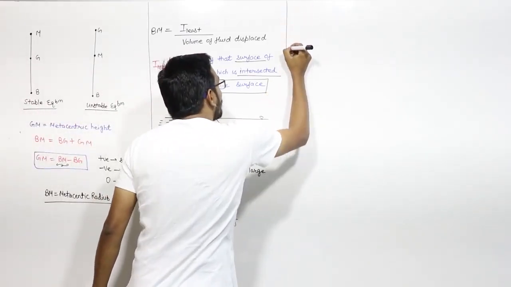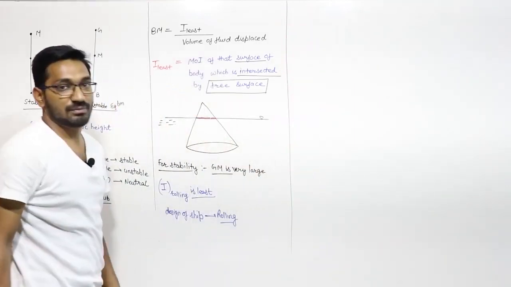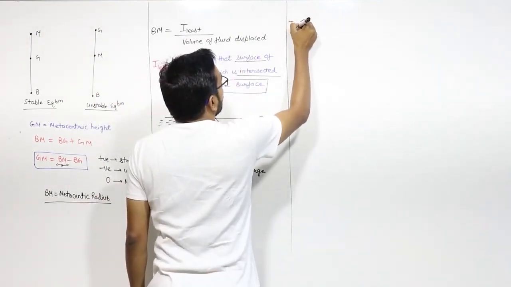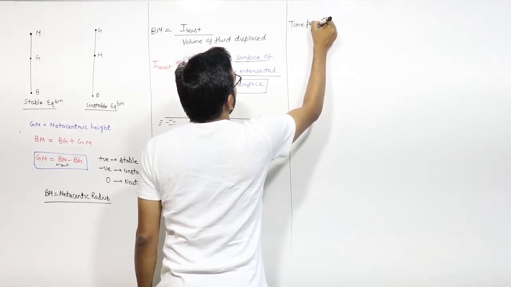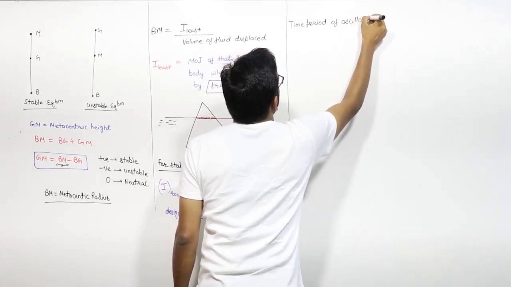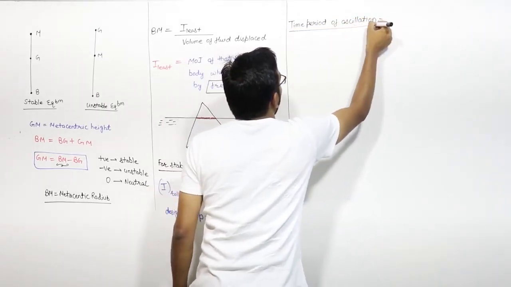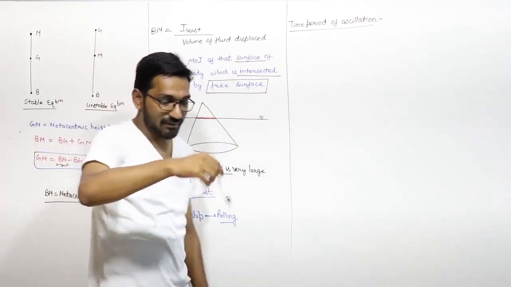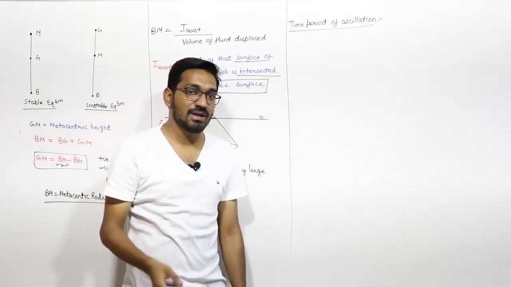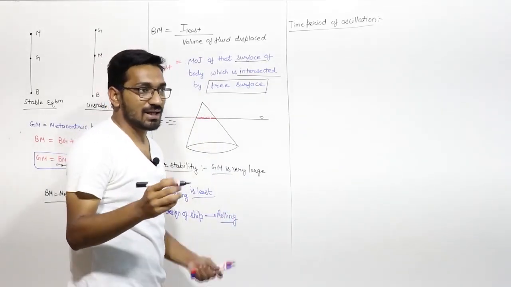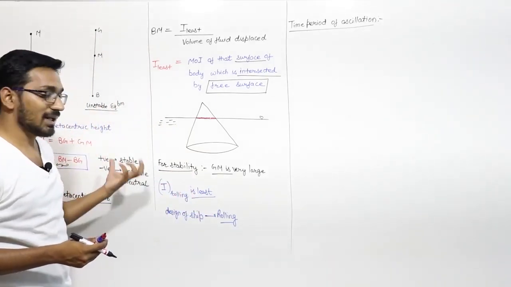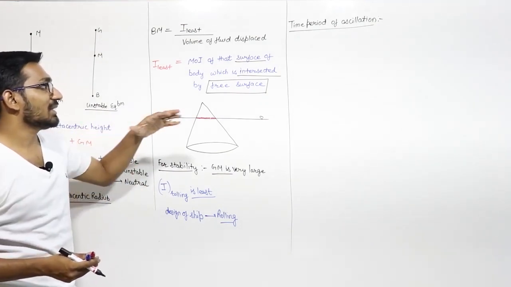One more concept, one more term we have in the metacenter. The last term is the time period of oscillation. We can say that this partially submerged body will be oscillating, and it can be assumed that it oscillates around the metacenter as the center.